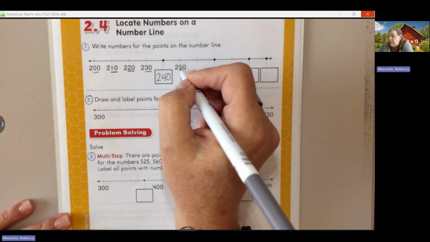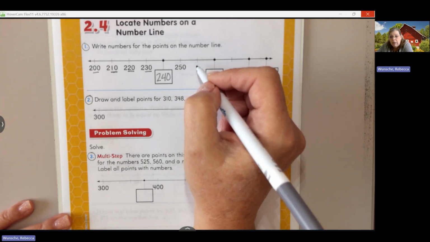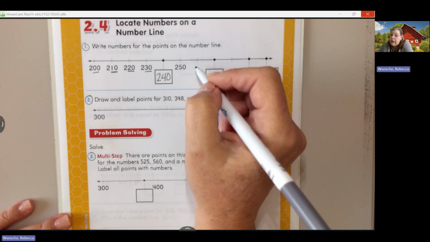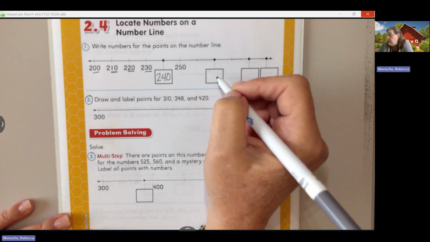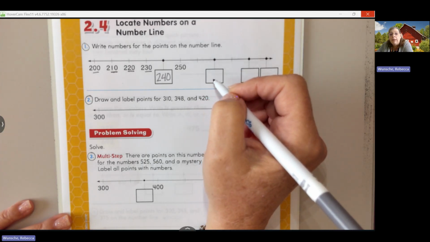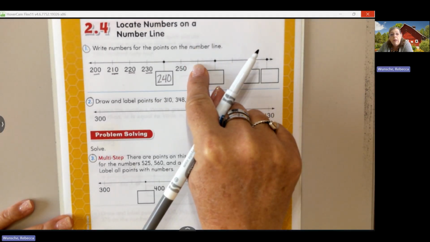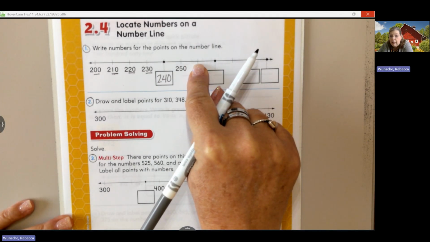They filled in 250 for us. But look, they didn't fill in this number and they didn't put a box there. That doesn't mean we don't get to count it. We have to count it because then we're going on to the next spot on the number line where they did put a box and they want us to fill that in. You have to be really careful. Sometimes there's an extra tick mark on the number line and you cannot skip it.